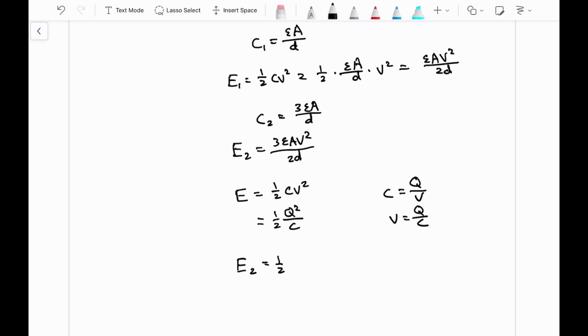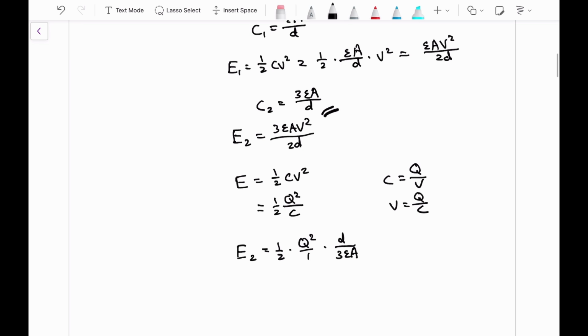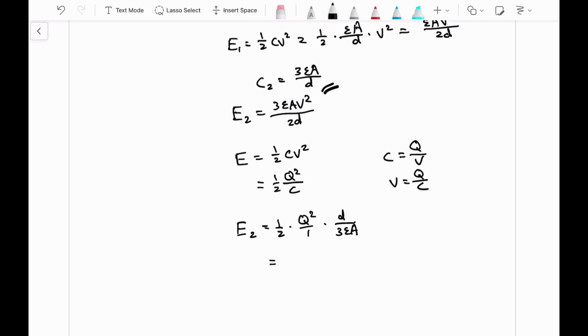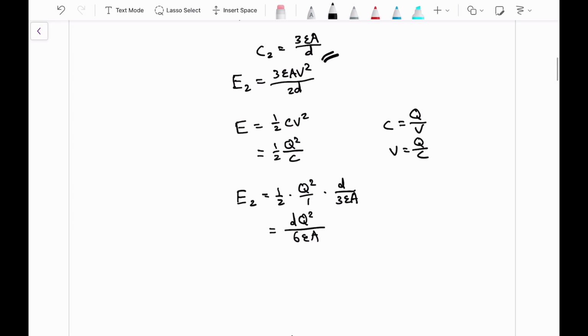That will be a half times Q squared times the reciprocal of the capacitance, which will be D over 3 epsilon A. That will be equal to DQ squared over 6 epsilon A. Now let's express E3.